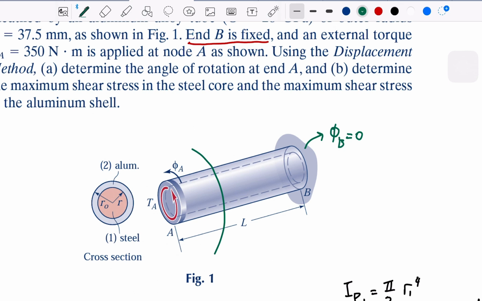Because material 1 and material 2 are the same length, if one material gets deformed, then the other material is also deformed. So we could say that material 1 and material 2 have the same deformation.